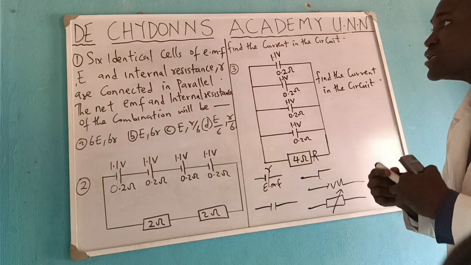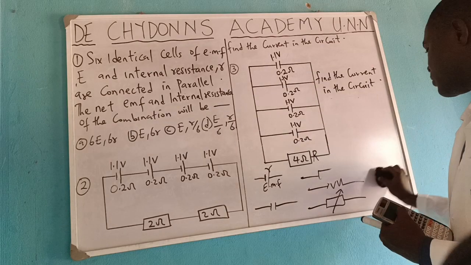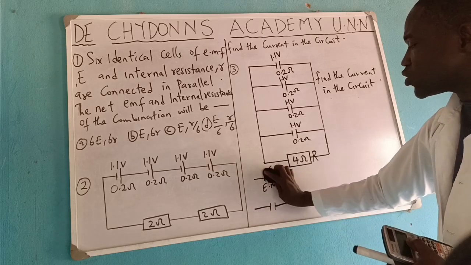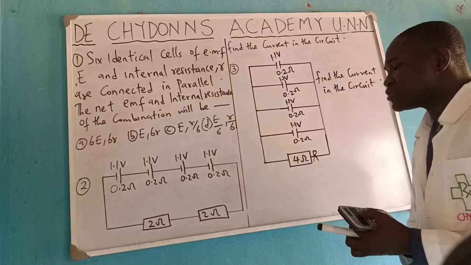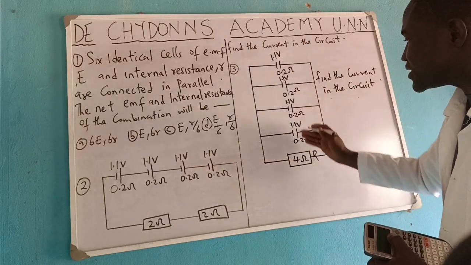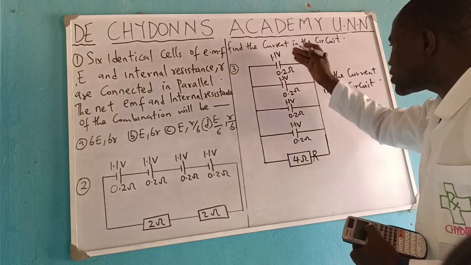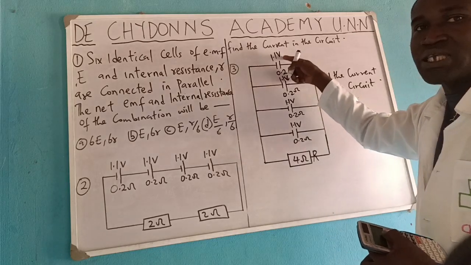They said 6 identical cells. So once they are in parallel, what happens to their EMF? How do you get the total EMF when they are in parallel? It is important to note that when we have a set of EMFs arranged in parallel, their total or effective EMF will be one of that EMF.